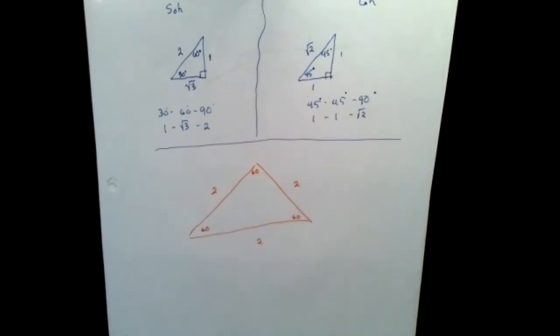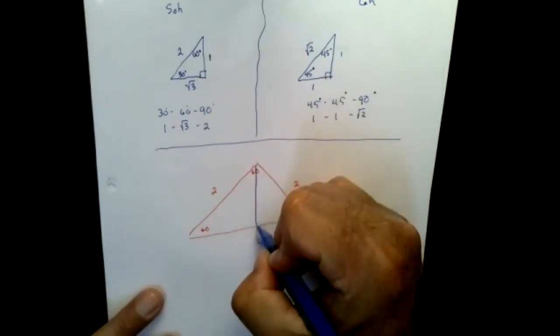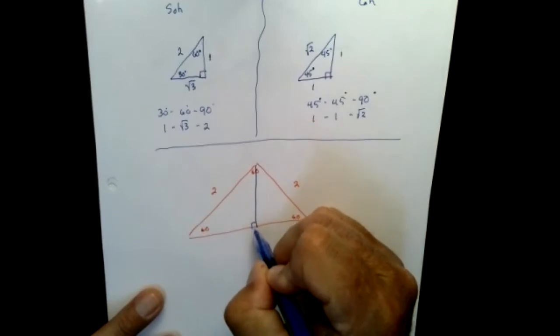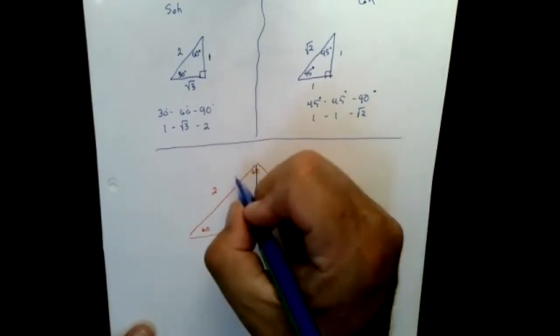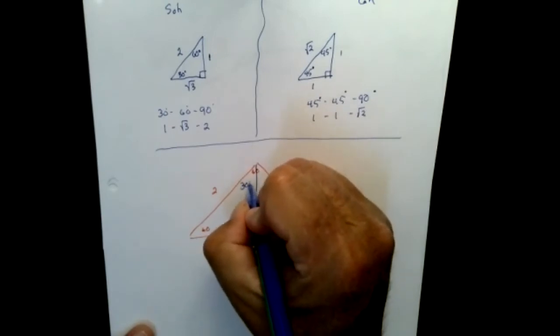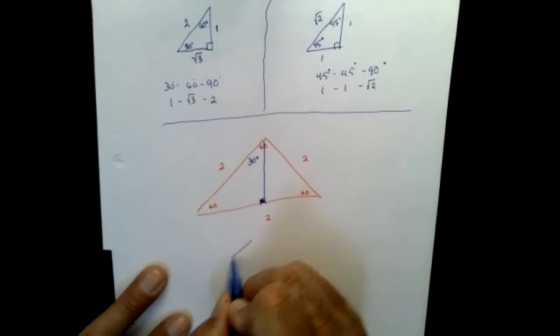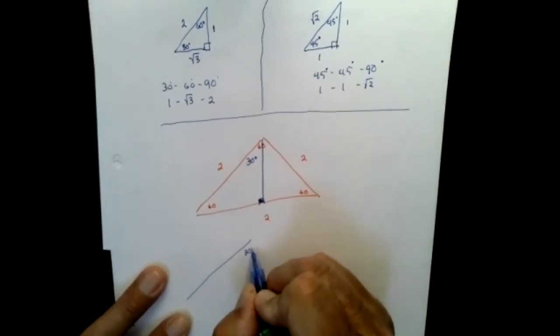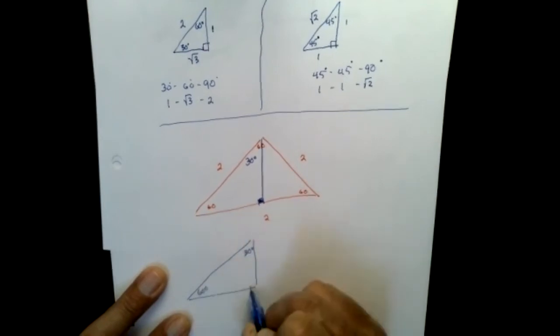Then I took this 60 and cut it in half and went straight down. If I cut 60 degrees in half, I get 30 degrees. This is 60 degrees and this is 90. So now I have a 30, a 60, and a 90.